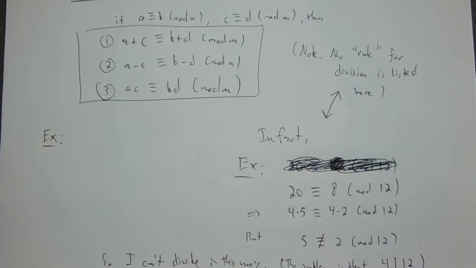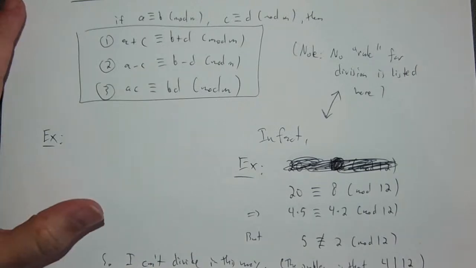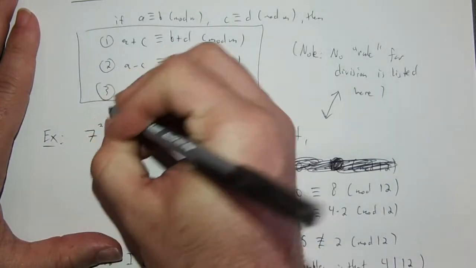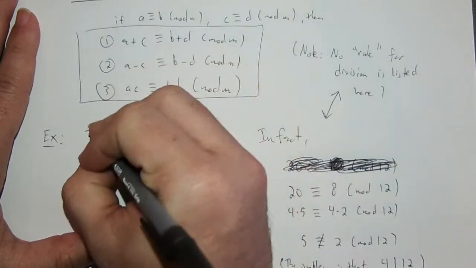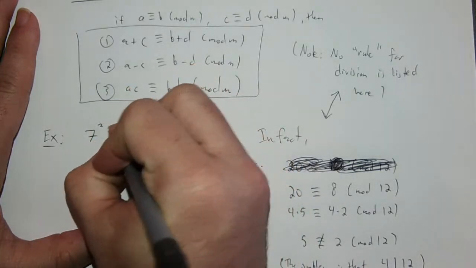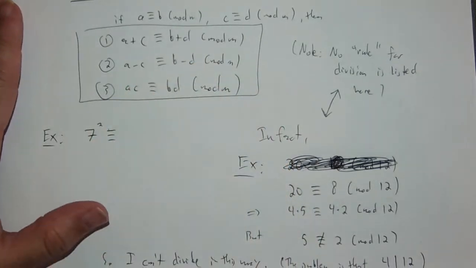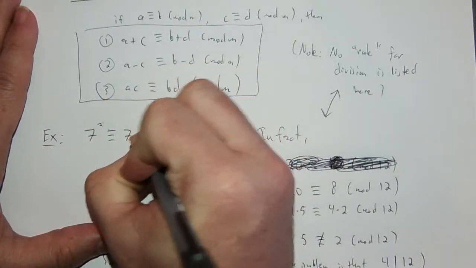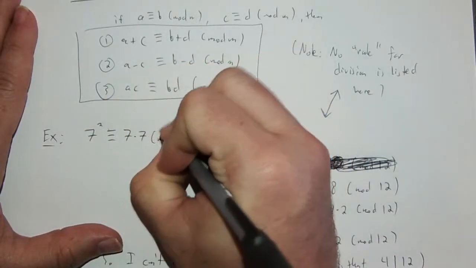We'll use number 3 here to do a computation that would be easy. So let's look at what 7 squared is mod 6, we'll say. So 7 squared is 7 times 7 mod 6.